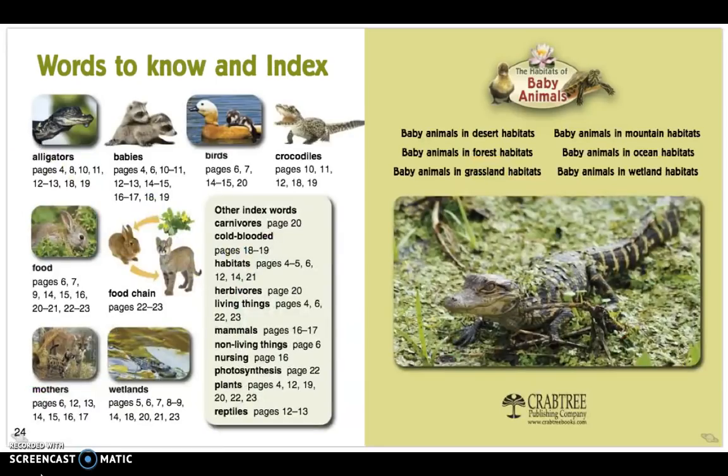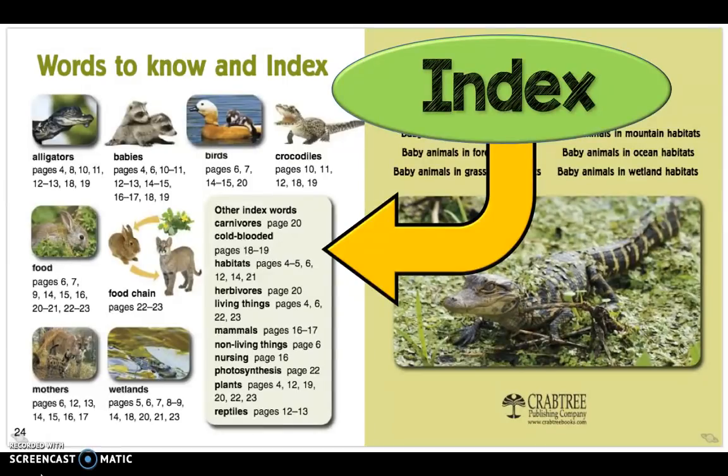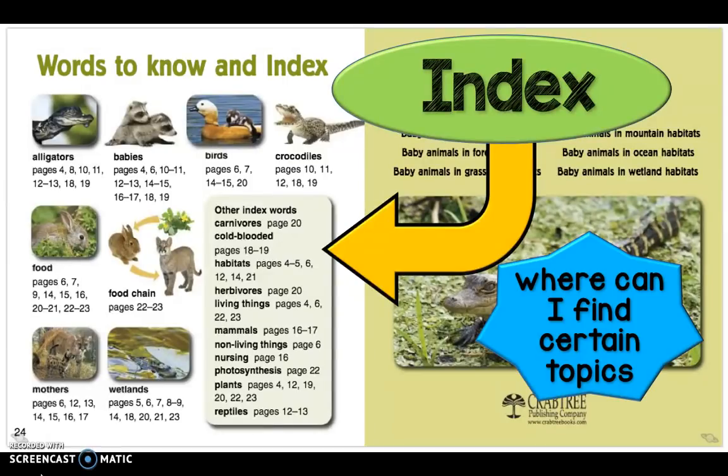Now on this page, this is one of the very last pages, you see lots of words and lots of numbers too. This is called the index. These are the important topics and words in the text and where you can find them. So if I am looking to find out something about photosynthesis, what page would I find that on?